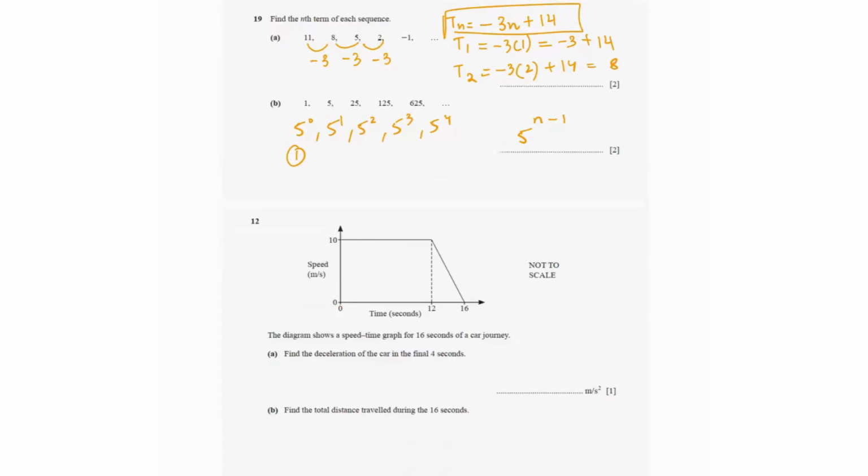If there's a common difference, multiply that by n, and then see what you can add or subtract to get the terms in the sequence. If there is no common difference, whether first or second, then you see whether it's an exponent. And that was in part B. It was the 5 times table. So that's how you solve your sequences questions, whether it's finding the nth term or the next term.